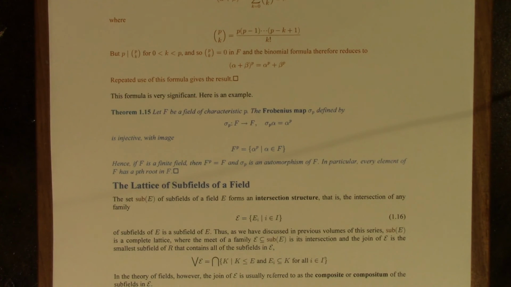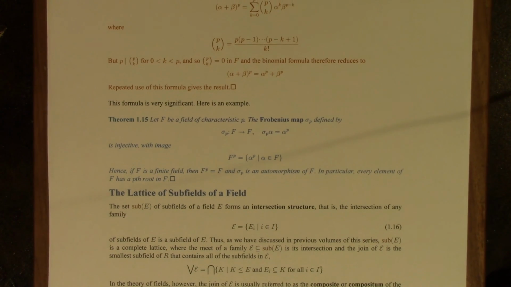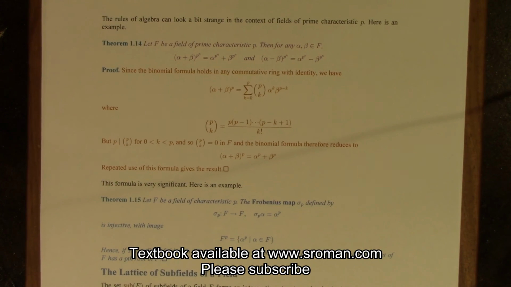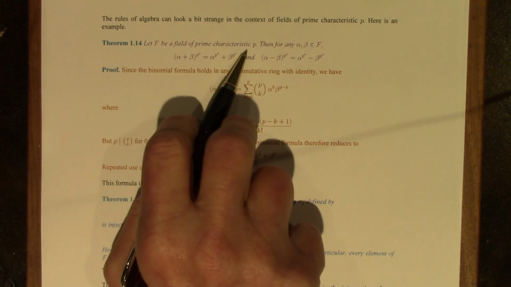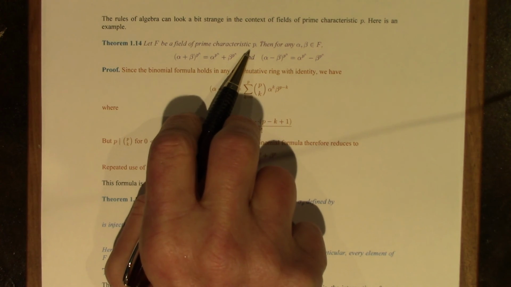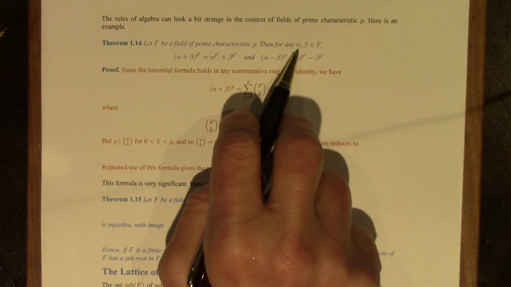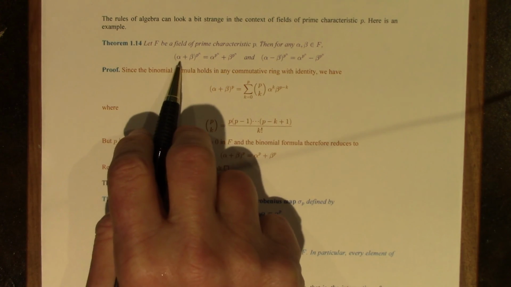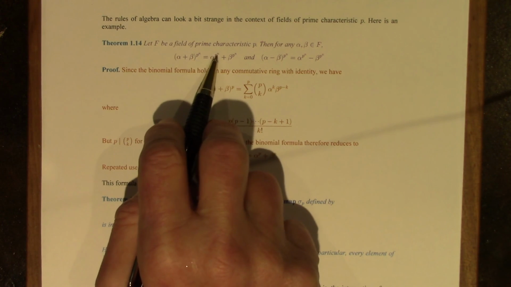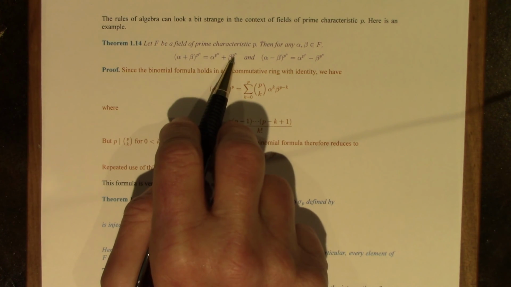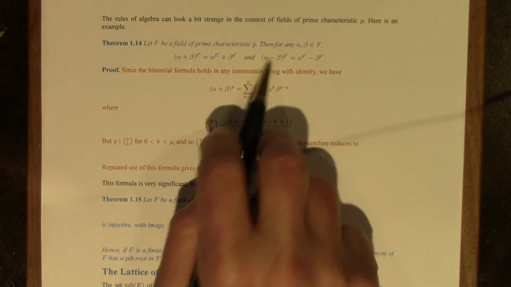It's worth pointing out that the rules of algebra can look a little strange in the context of fields of prime characteristic. Just as an example, if F is a field of prime characteristic p, then for any two elements alpha and beta of F, the sum alpha plus beta raised to the power p to the n is just alpha to the p to the n plus beta to the p to the n, and similarly for alpha minus beta.